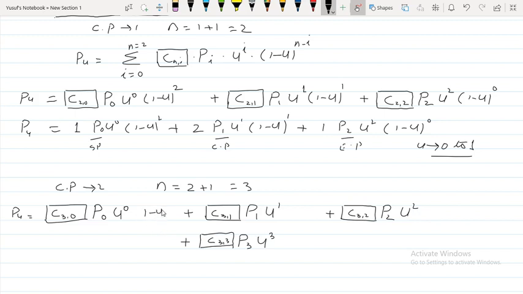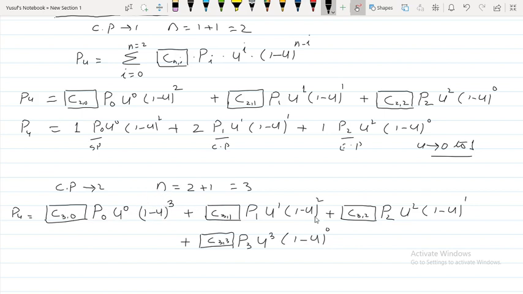Then 1 minus U. 1 minus U raised to 3, इसका रिवर्स जाएगा, 1 minus U raised to 2, 1 minus U raised to 1 and 1 minus U raised to 0. तो we have 1 2 3 4, four terms है, तो first have to write all C लिख दिया and then P0 P1 P2 P3, then U raised to 0, 1, 2, 3. Then 1 minus U रिवर्स में लिखना, power is 3, 2, 1 and 0 for 1 minus U, and U के लिए power from 0 to 3 आएगा: 0, 1, 2 and 3. So it is the equation for the two control points.